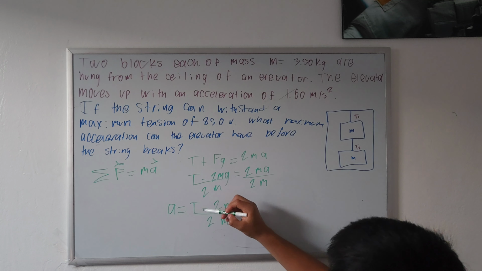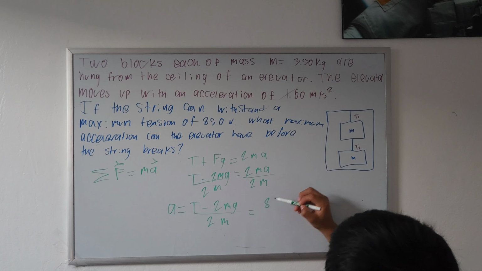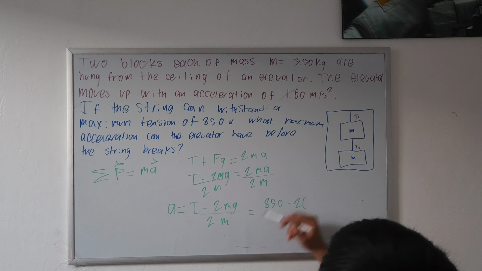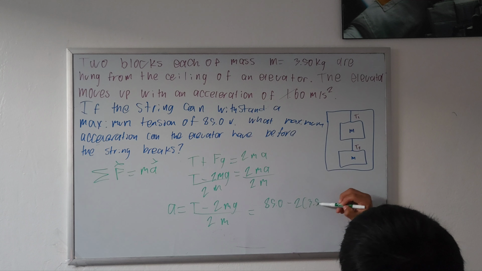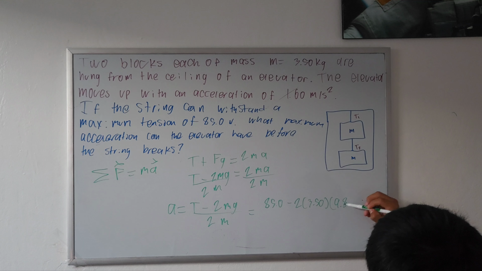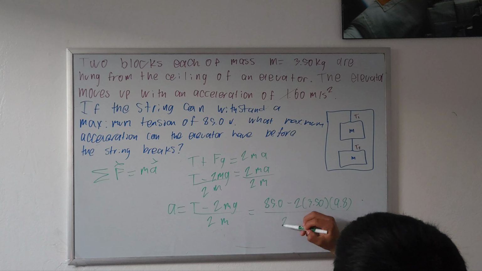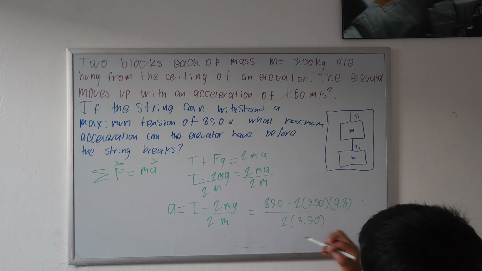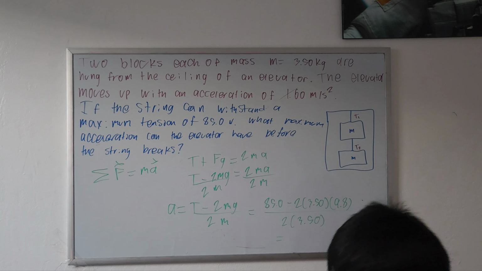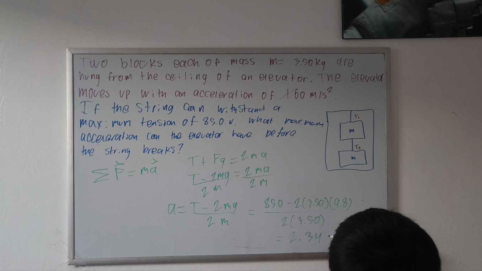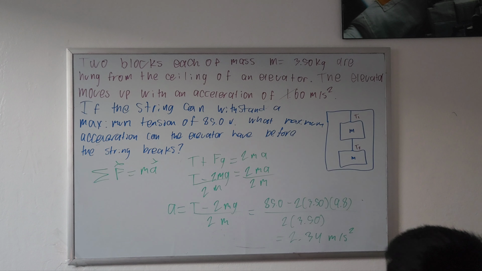And we plug in all our values. That's going to be T, which we are told is 85 newtons. So 85 newtons minus 2 times the mass, which is 3.5, times the acceleration due to gravity, which is 9.8, all over 2 times the mass, which is 3.5. And plugging that into the calculator, you will get 2.34 meters per second squared.